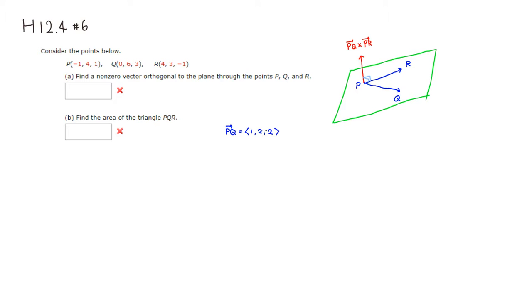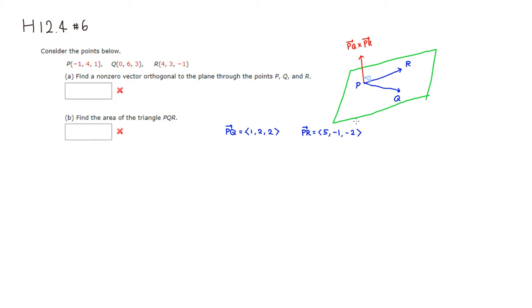So that's PQ. And then we need PR. PR is going to be 4 minus negative 1, so positive 5. 3 minus 4 is negative 1. And negative 1 minus 1 is negative 2.